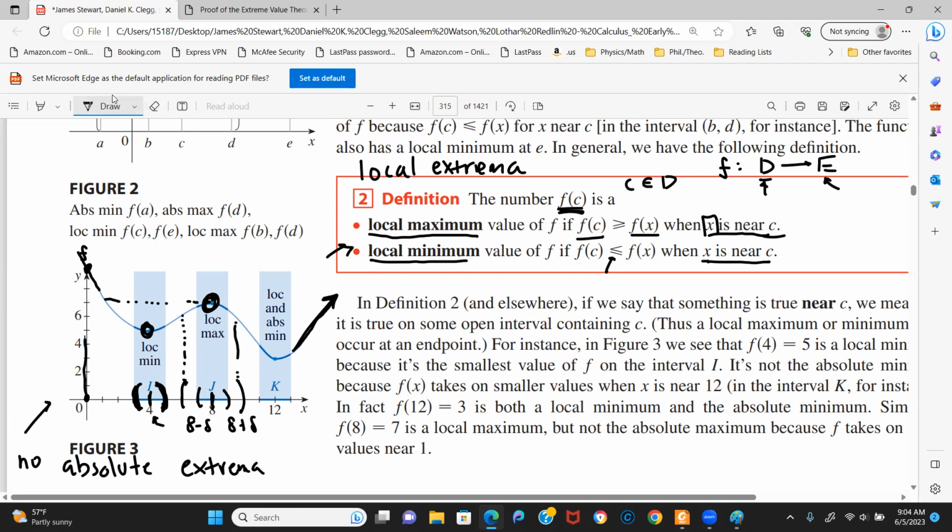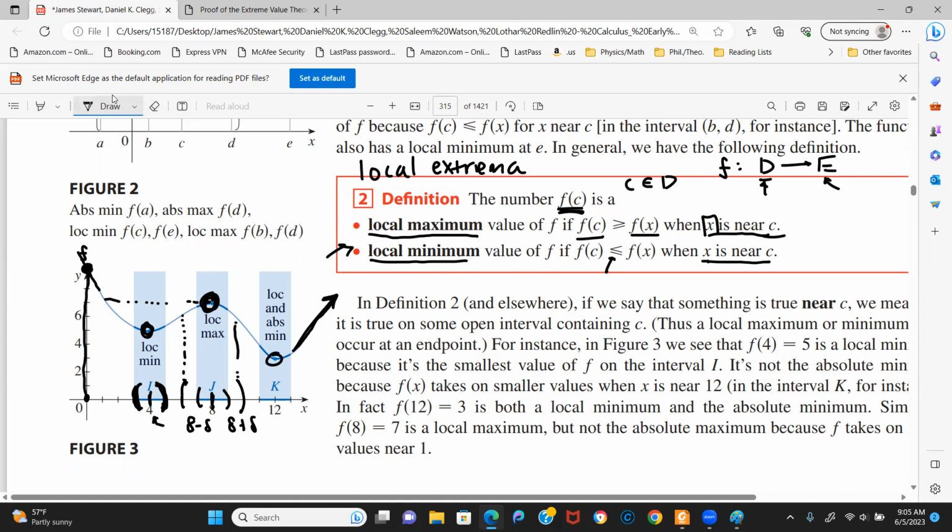So you go here and then you trace it all the way up, and at this point, it's at a higher value than that. So it's going to be a local max, but not a global max. And so this statement right here I made down here is not true. There are absolute extrema. There we have an absolute minimum right here.